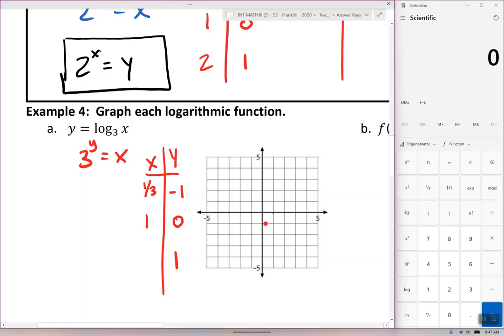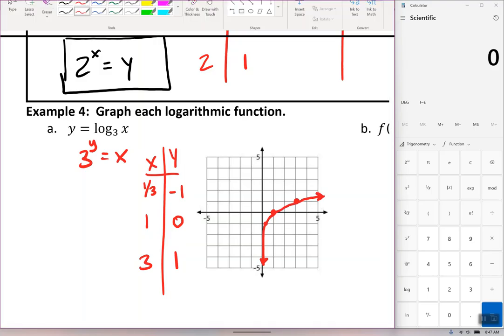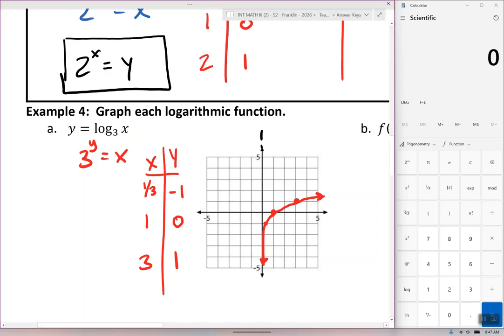We get a point at 1, 0. And if I put in 1 for y, I get 3. So 3, 1. And we can see this graph is going to get closer and closer to x equals 0 and keep going this way. So we have a new asymptote for the log functions. It's the y-axis instead of the x-axis.